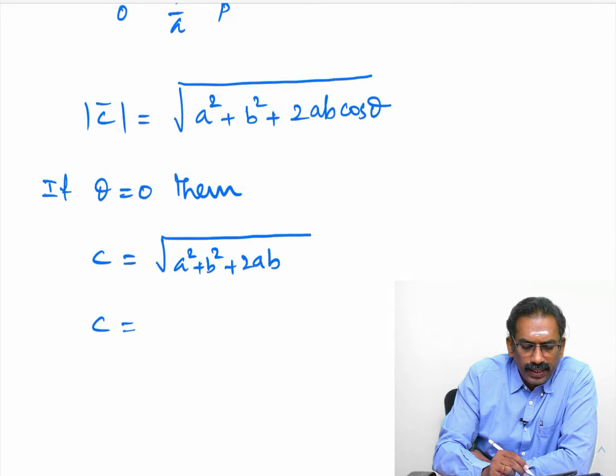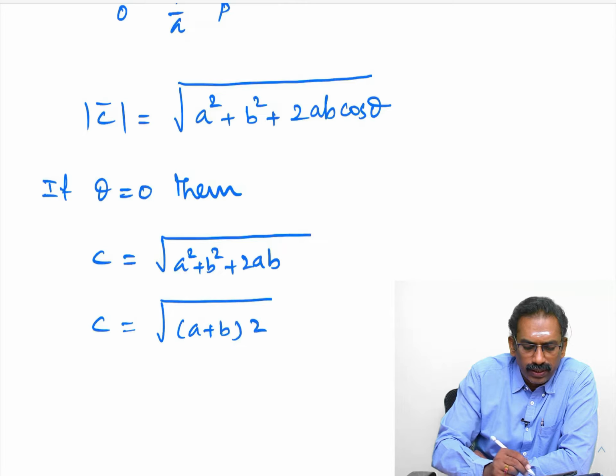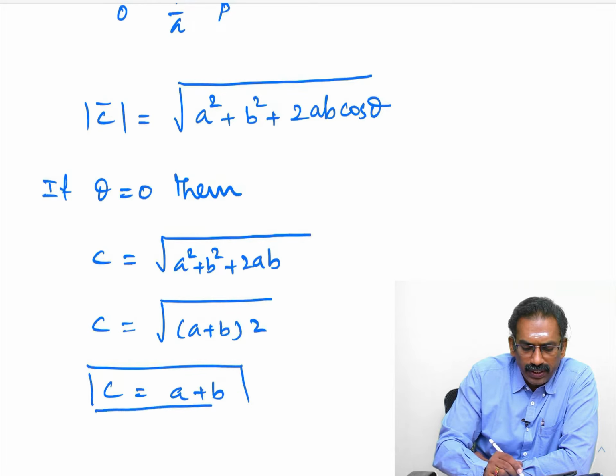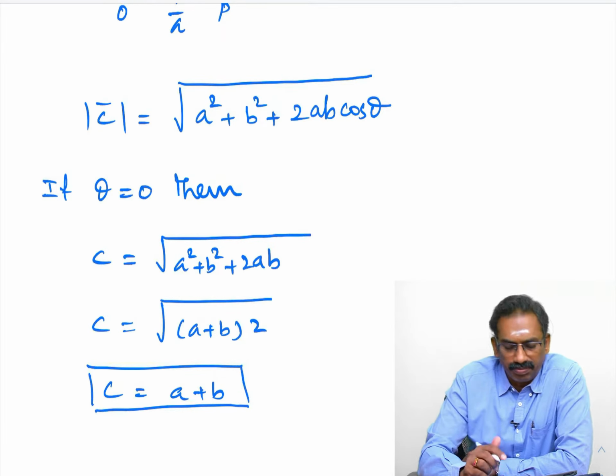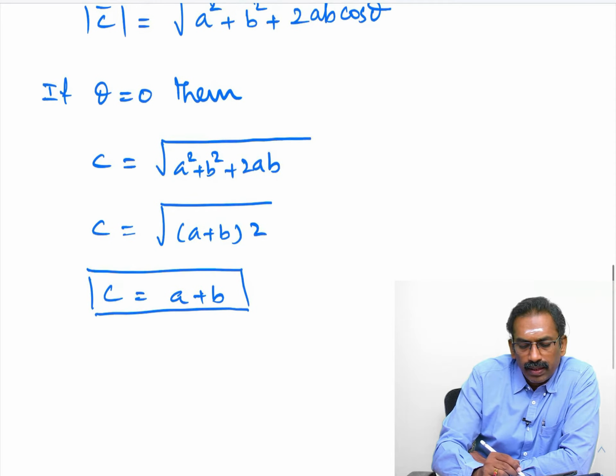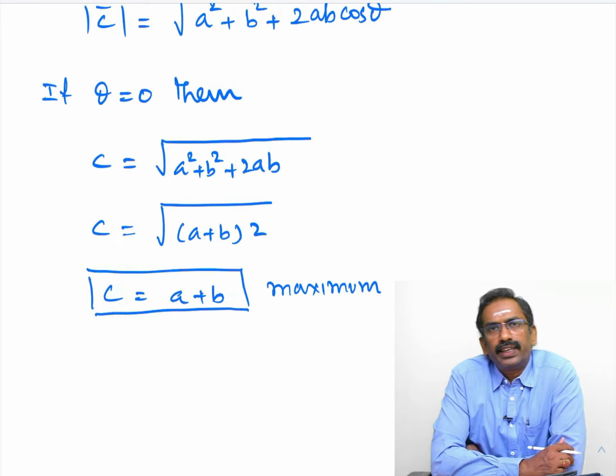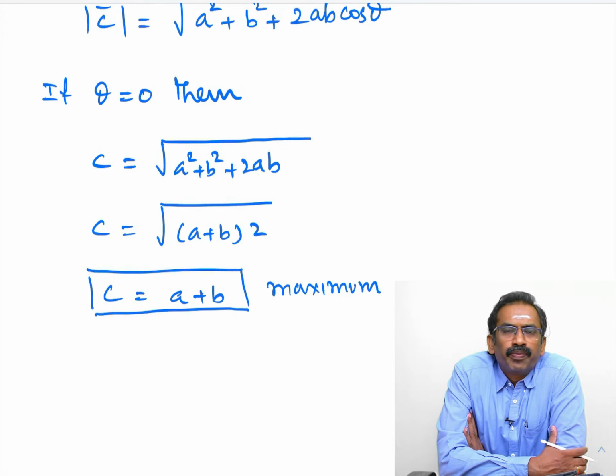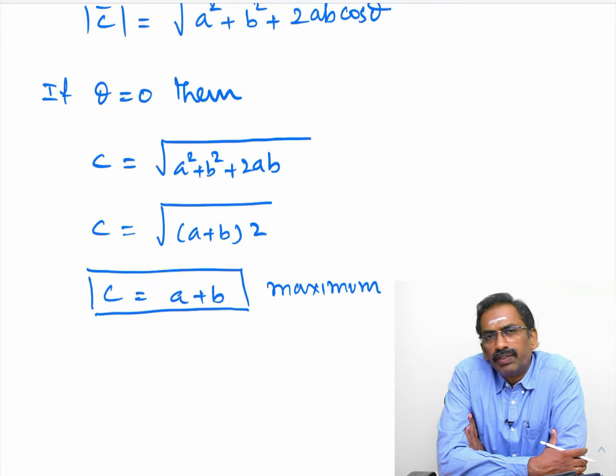Then it can be written as square root of A plus B the whole square. Then C is equal to A plus B. This is the maximum magnitude of the 2 vectors. If 2 vectors act in the same direction, then the resultant is equal to the sum of the magnitudes of the given vectors.